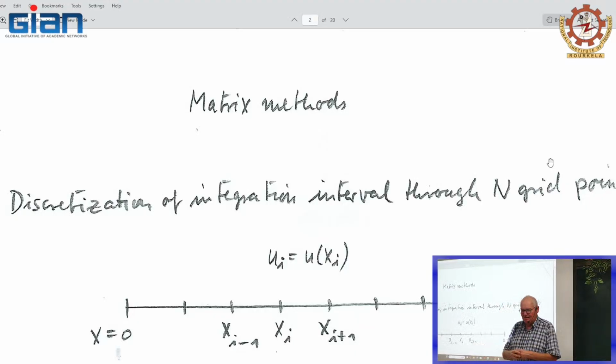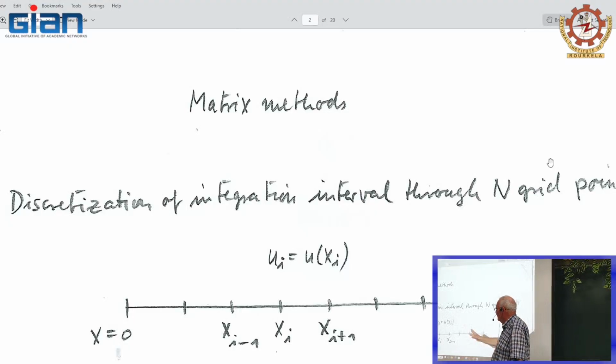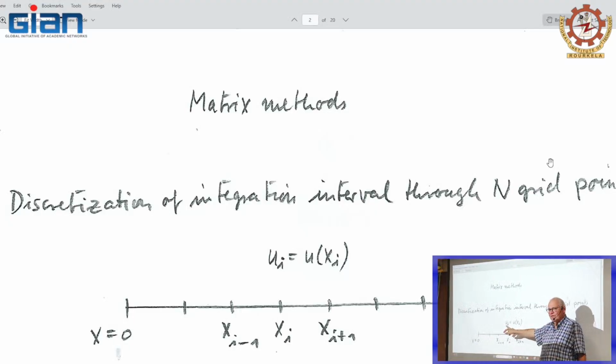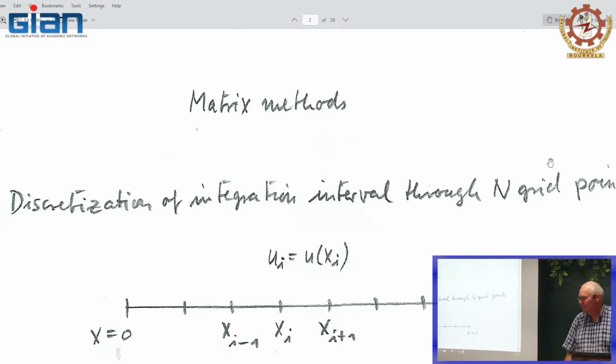So we define a numerical grid, and we define the values of the quantities ui at these grid points. Ui means u at the grid point xi.